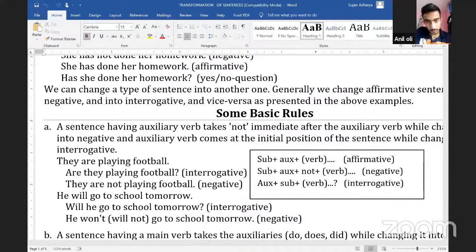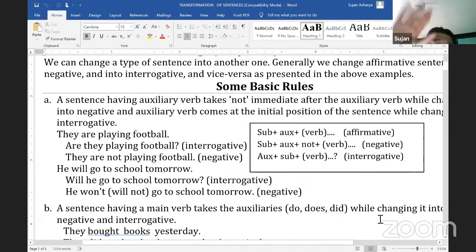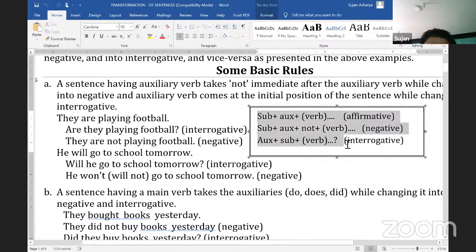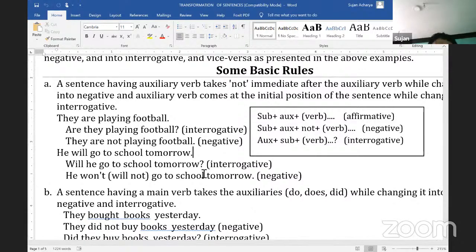Yes, sir. Now, you can go through sentence transformation in two ways. One, by going through formulas like this, which is absolutely not necessary. The other way is by practicing the sentences, and that is going to be more effective. Later on, you will learn yourself.